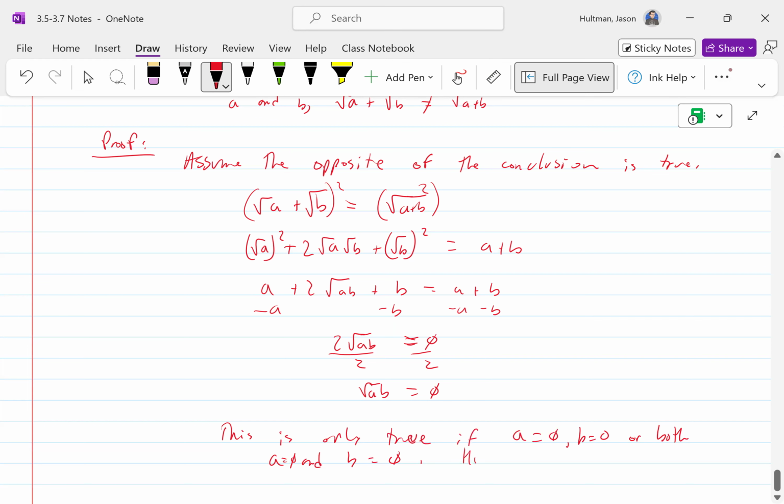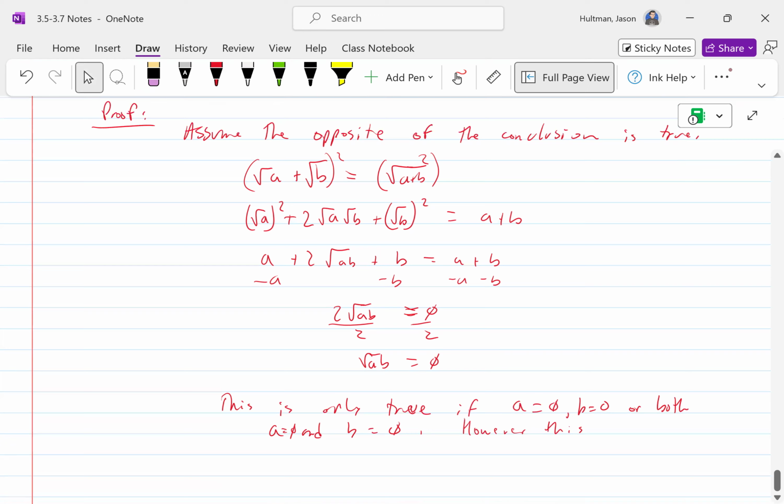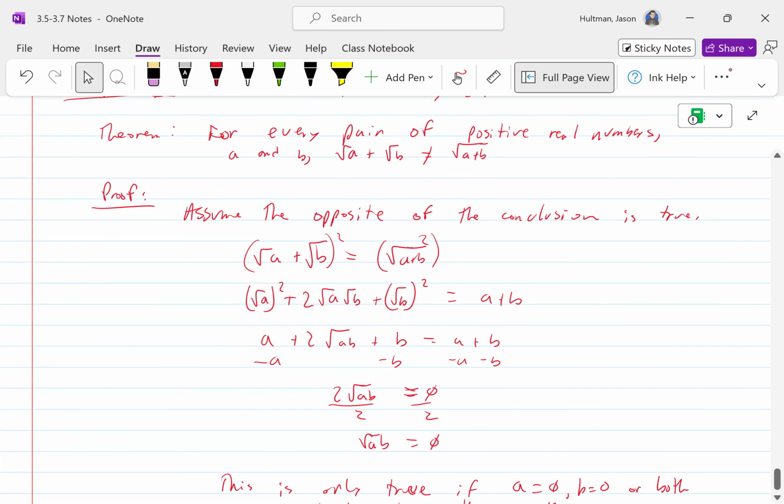However, this contradicts that these are positive real numbers. So if it only works for 0, where they're equal, then it's not going to work for numbers that are above 0.